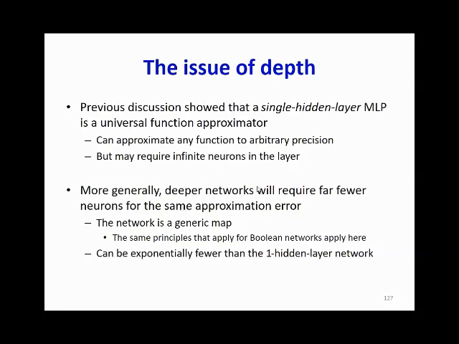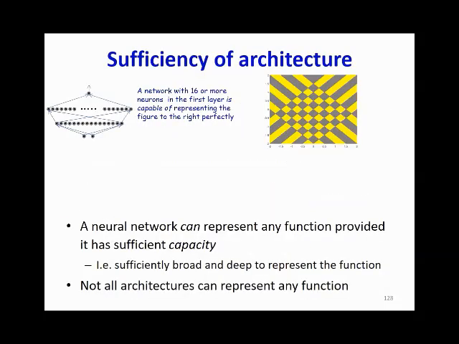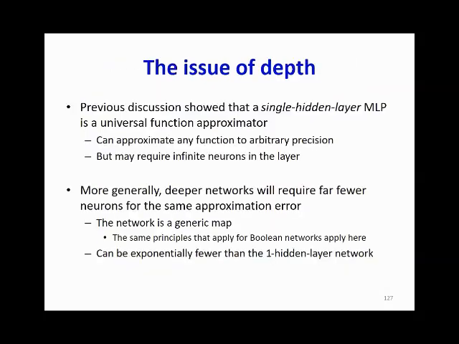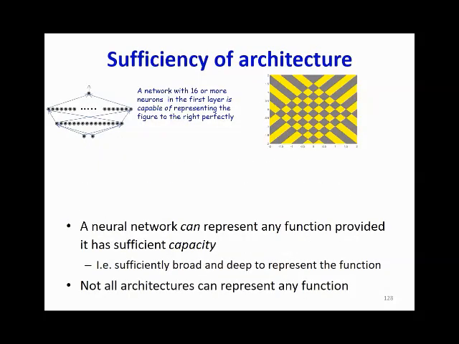Now, more generally, deeper networks will require far fewer neurons than the shallow networks for the same approximation error. So the network is a generic principle, and the same principles that apply for Boolean networks apply over here. But then there's the issue of sufficiency. What are the limitations?